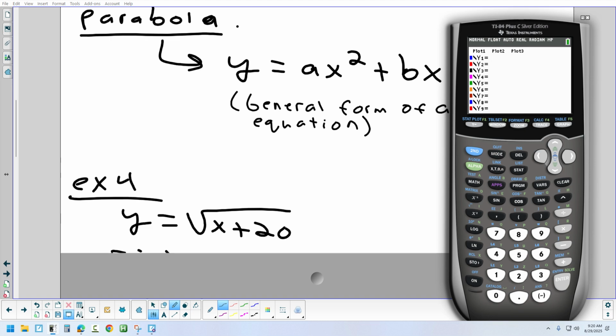Okay, so where is square root? Well, it's the button you used for squaring, except you press second. So press second, and then press the fifth button down on the left side. You should get a square root button symbol just like that. We're going to put in x plus 20.